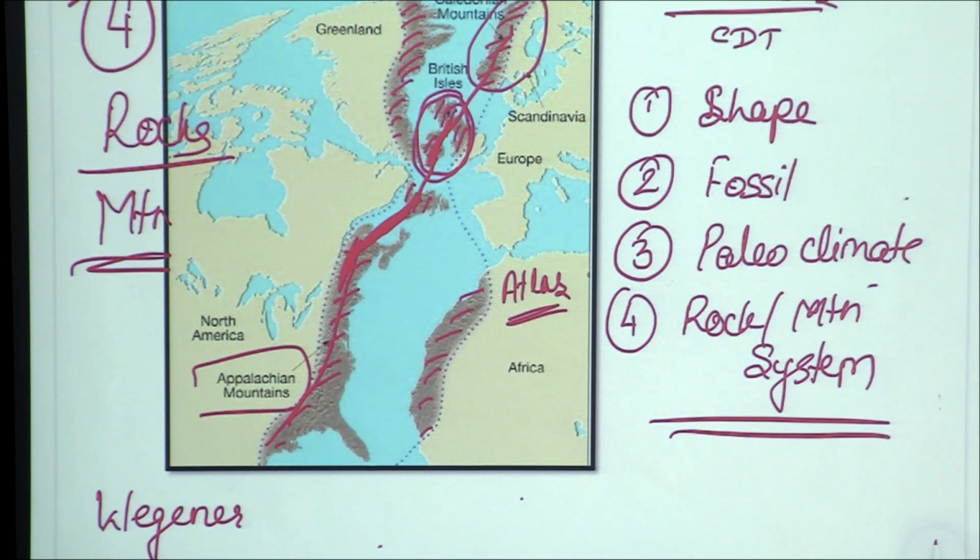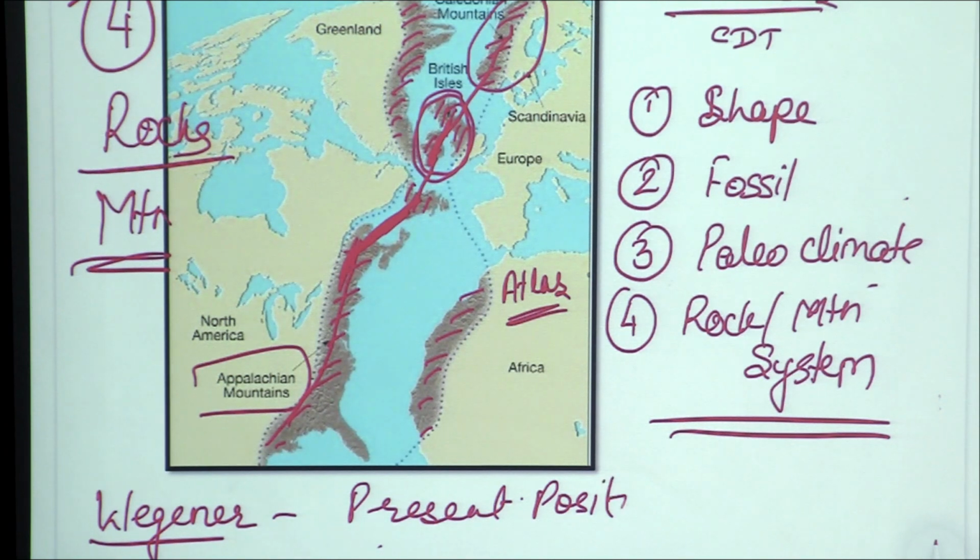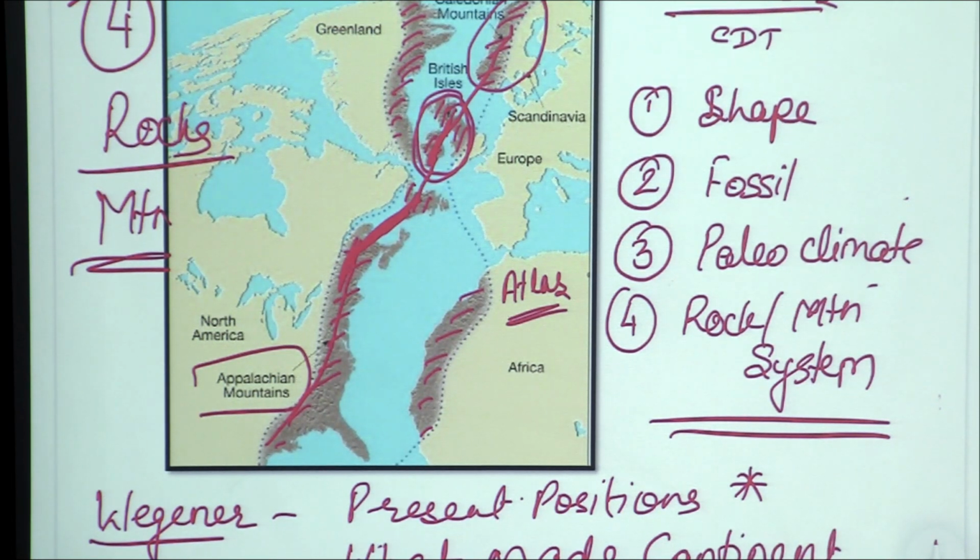Wegener gave us development of present position of continents, oceans, without any doubt. So this is the contribution. But what made continents drift? This was not given to us clearly by the scholar.